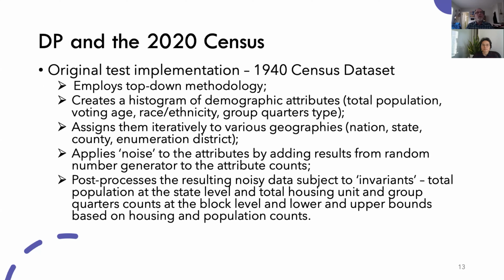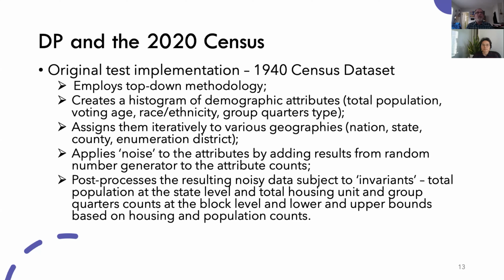So differential privacy in the 2020 census. The original test implementation was on the 1940 census data set. This happened roughly around this time last year. What they did is they took the 1940 census data set, which was just recently allowed to become available for the public, and they utilized a prototype of their DP engine on this particular data set.